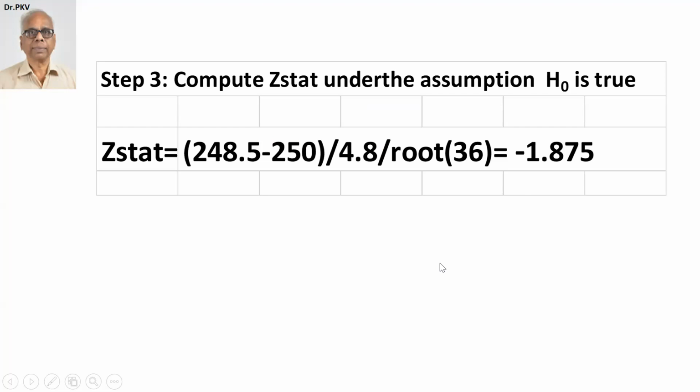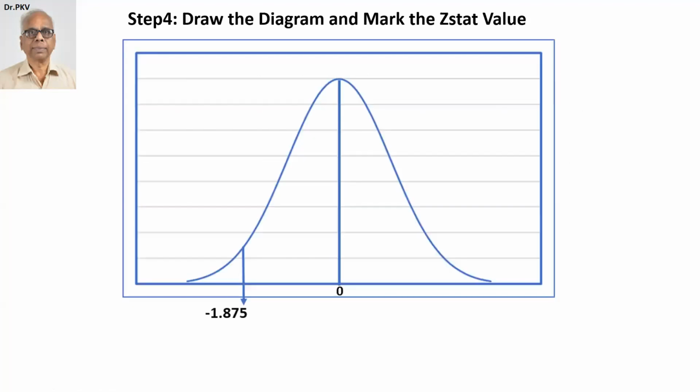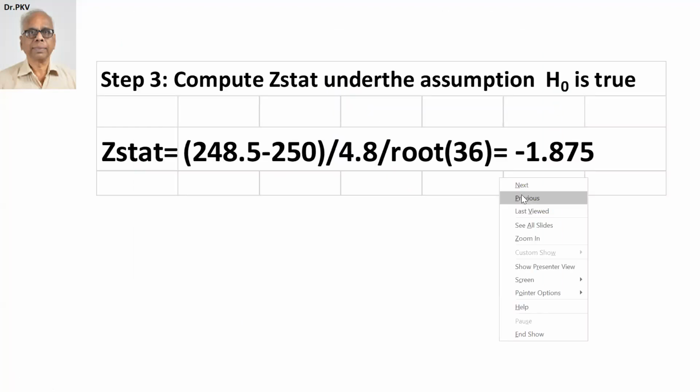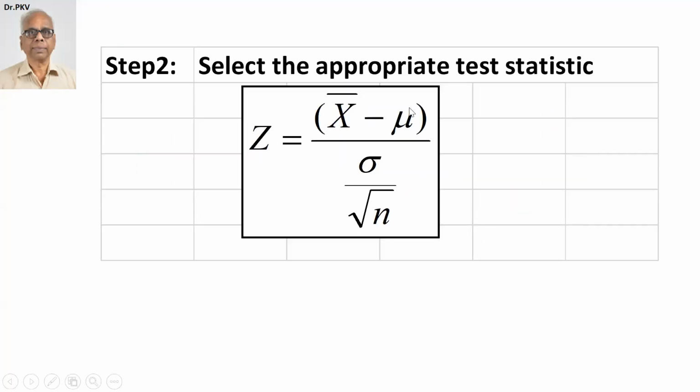So let's move to step 4: draw the diagram and mark the z-stat value. The distribution of z-stat, which is a standardized variable, follows a normal distribution with mean 0 and standard deviation 1.